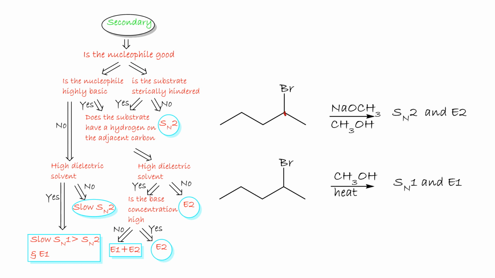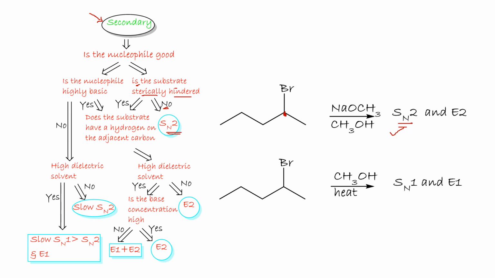Here is an example of secondary alkyl halide. Is the nucleophile good? Yes, sodium isopropoxide in the first example, it's good. Is the substrate sterically hindered? No, not really. So we have SN2. Now, does the substrate have hydrogen on the adjacent carbon?